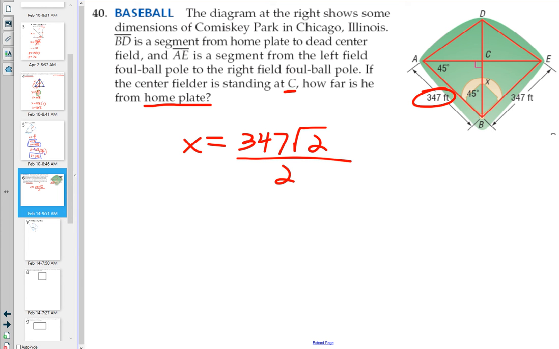Oh, man, it's at 116. Yep, he's right. 245.3. So he's more or less 245 feet from home plate. Any questions there?